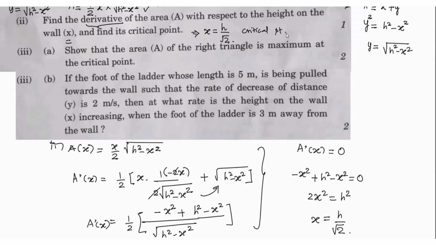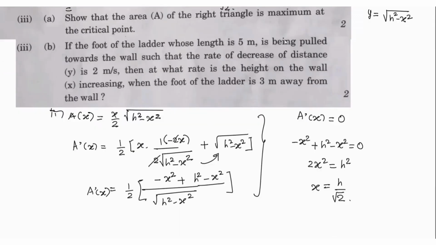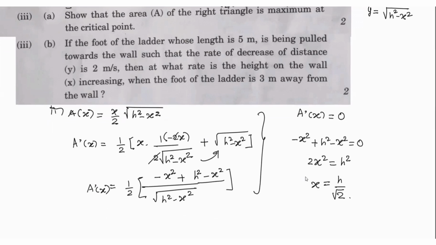Next, show that the area of the right triangle is maximum at the critical point. We have got only one critical point, which means there's only one maximum possible. A minimum is not possible at all, because if we take x as a negative value, the area will be negative, which is not practically possible.